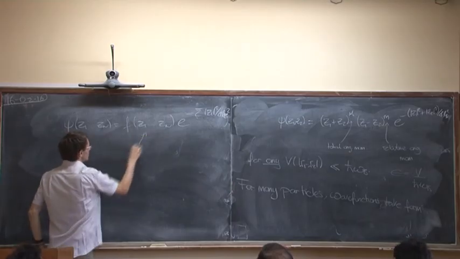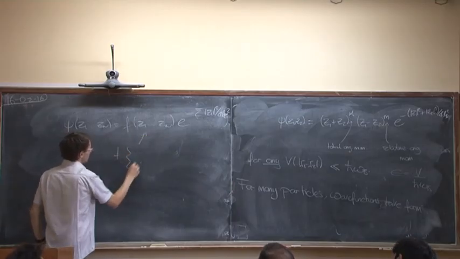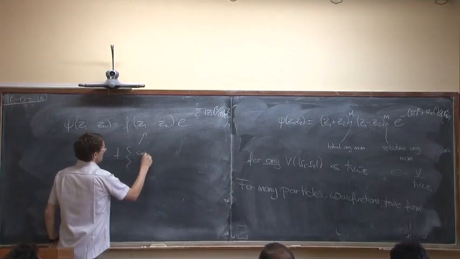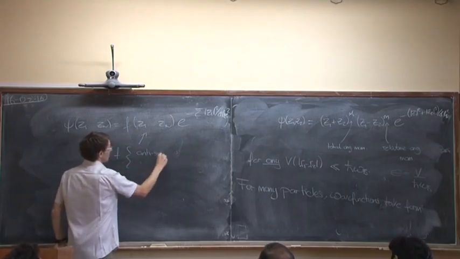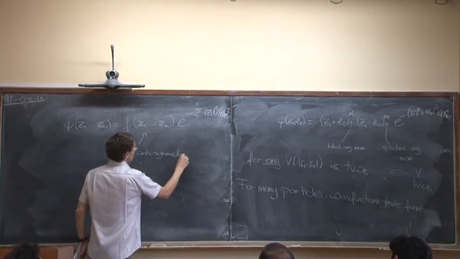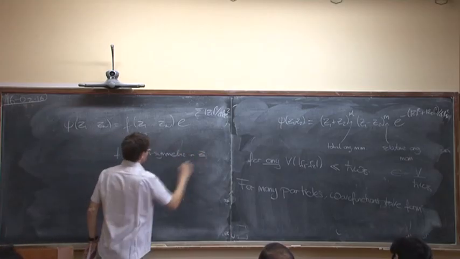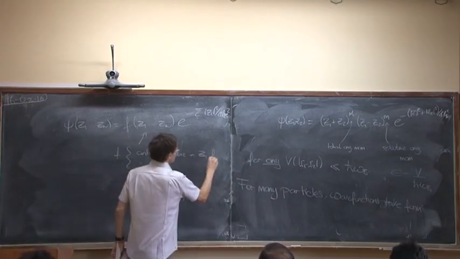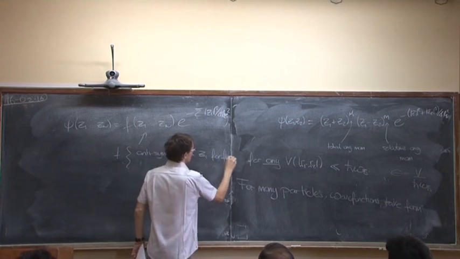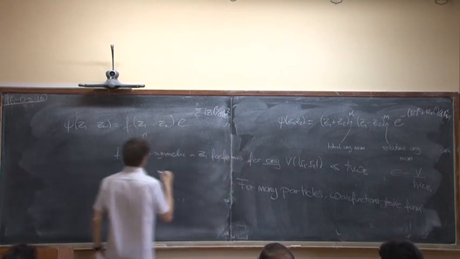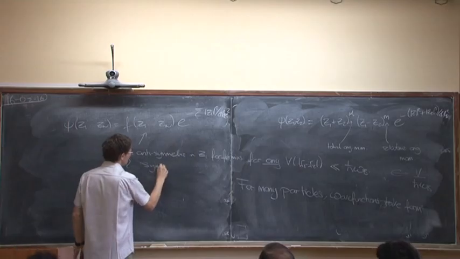And we know that if they're fermions, it should be antisymmetric, and if they're bosons, it should be symmetric.